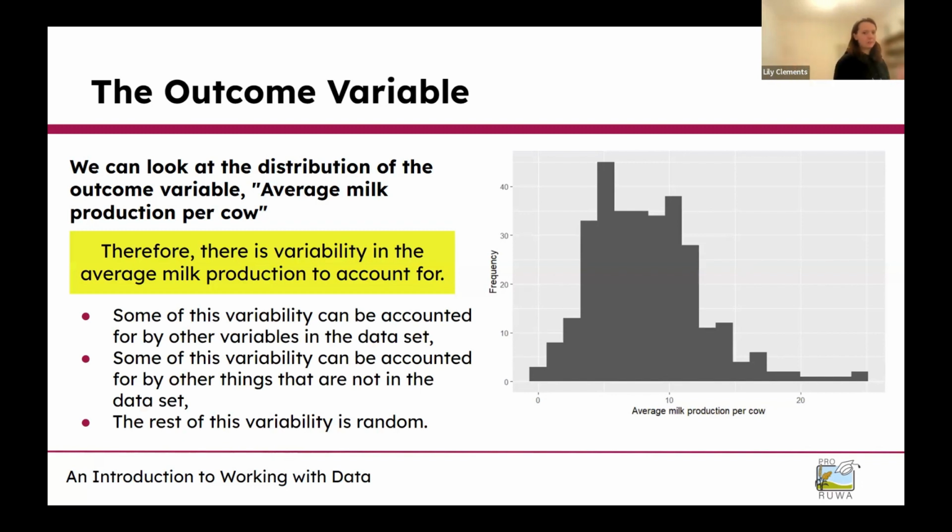But some of this variability can be accounted for by something that's not in the data set. Maybe the farmers weren't asked that question. Maybe when they ran the survey, one big thing influences milk production, but it wasn't asked about in the survey, so we don't have it there.